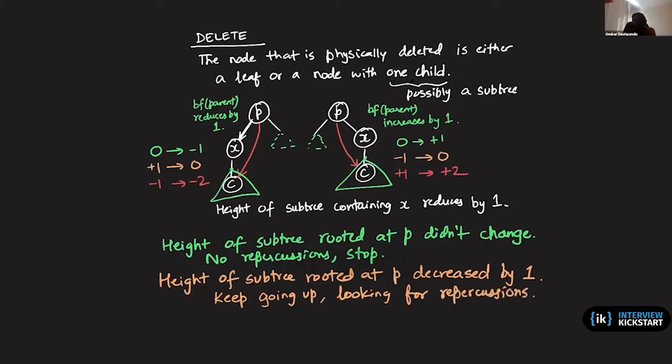The third case is where things are going wrong at the parent itself. The balance factor of the parent is violated, and so we need to fix things. And again, even though we are looking at the parent, note that the parent could have two subtrees now under it.